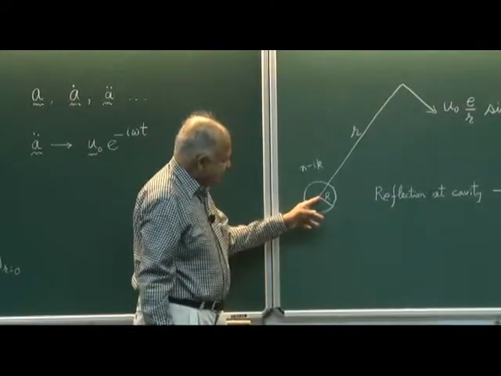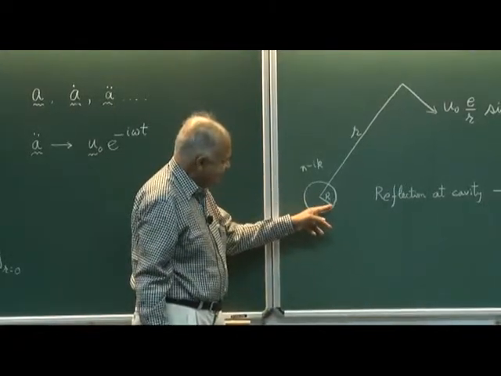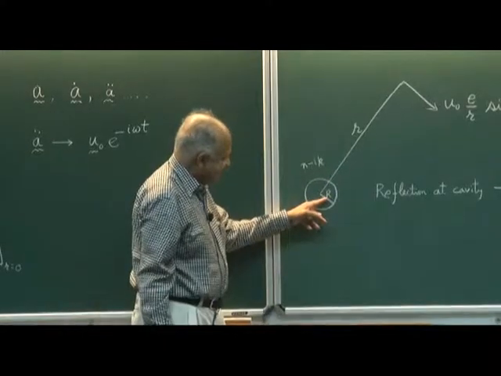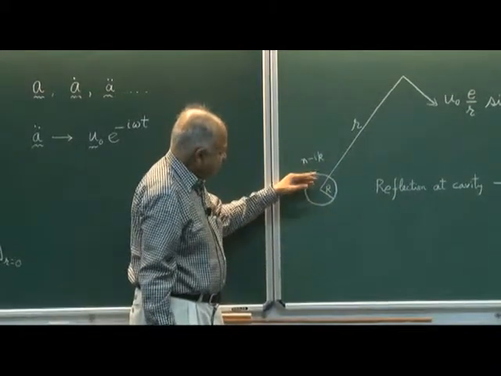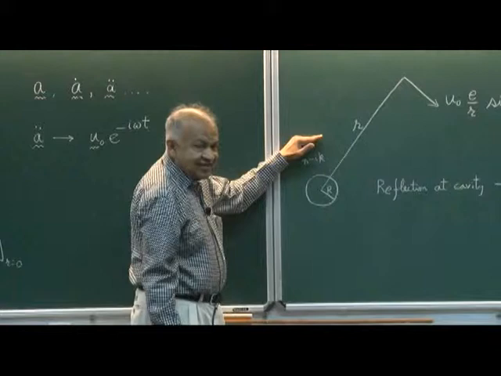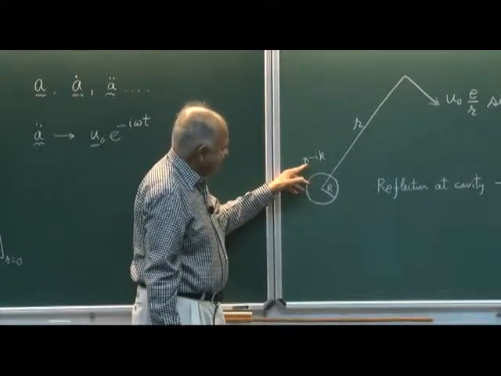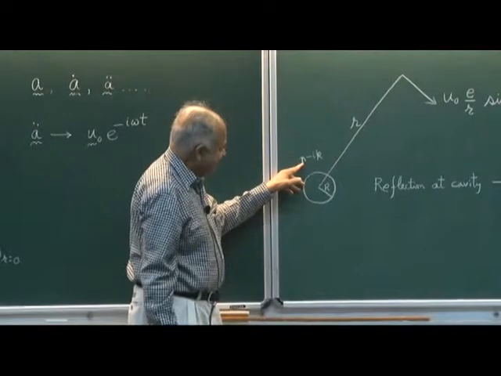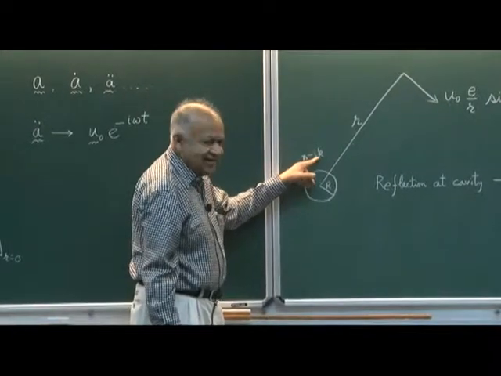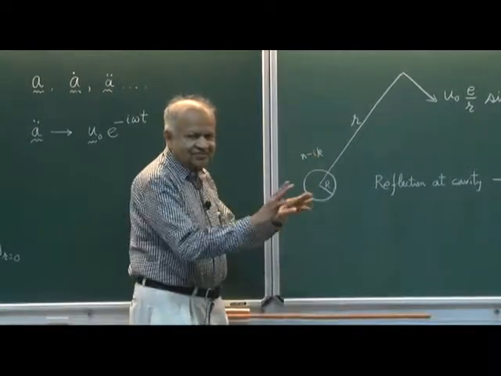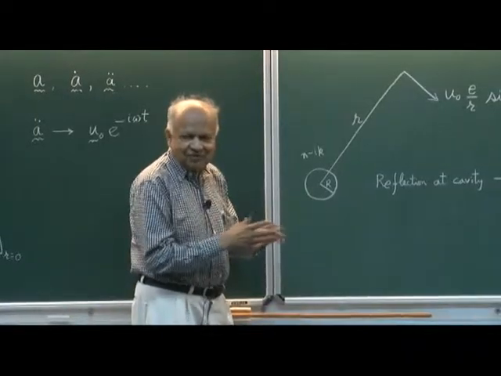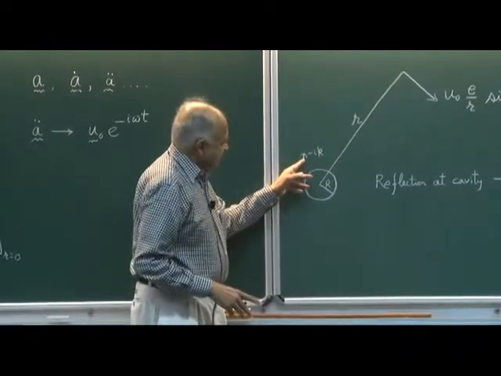So, you take the radius of the vacuum sphere as r, and beyond this there is a medium with electric charges. We ascribe a refractive index n minus i k for the light or electromagnetic wave propagation.